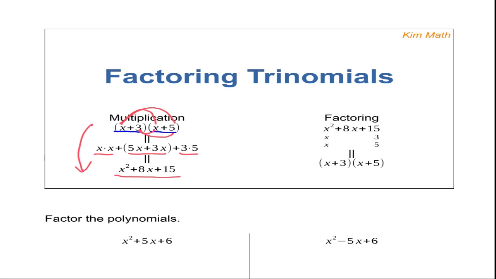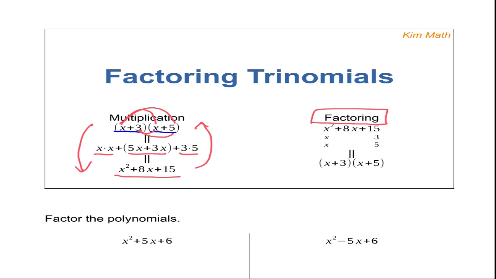Now our main concern is to find the factoring from the polynomial. So here, this is a factoring. Okay, if you think of the multiplication process backward, you can find the factoring here.